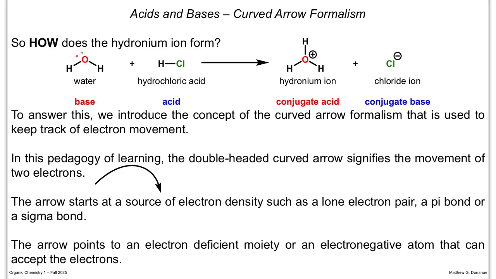So, as I said, the arrow has to start from the lone pair of the base. So it's donating that lone pair, and then this Cl is accepting it. Notice the flow of those arrows. They flow start to finish, start to finish.